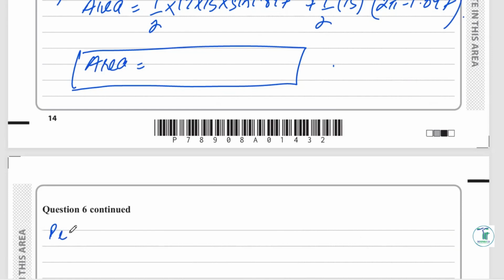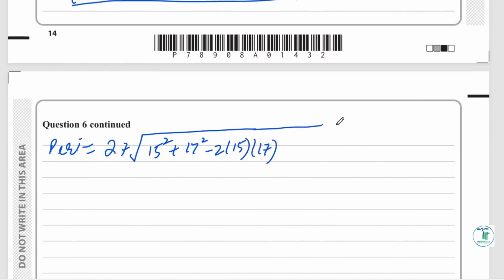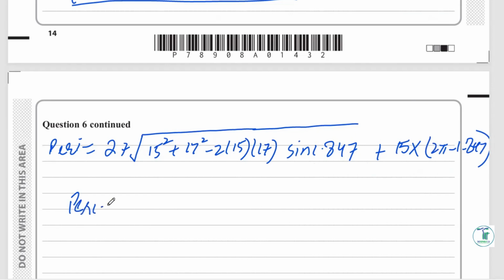So the perimeter is going to be 2 plus b, where b is the square root of 15 squared plus 17 squared minus 2 times 15 times 17 times the cosine of the angle in between them, 1.847. Then we add the last side, which has to be r theta. The radius was 15 and theta was 2 pi minus 1.847. You just need to do the calculations and you'll get the perimeter.